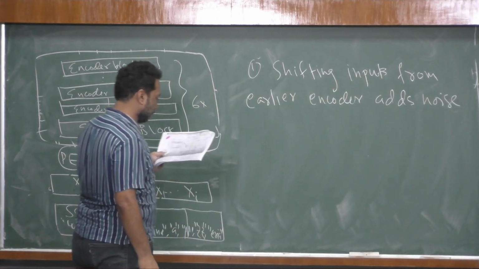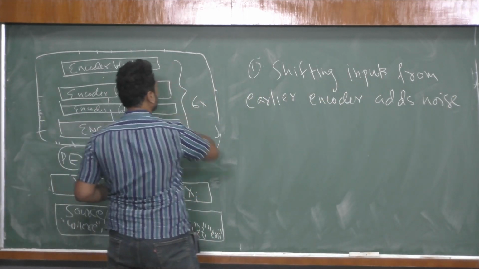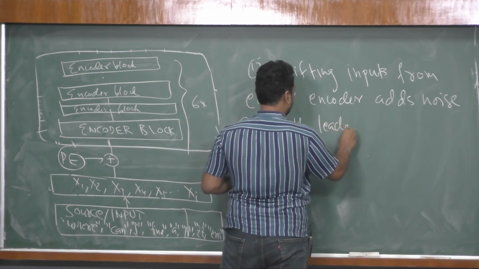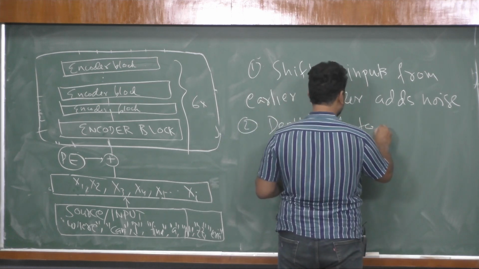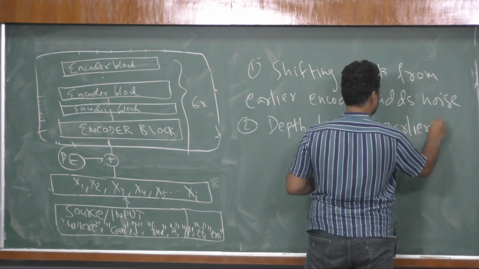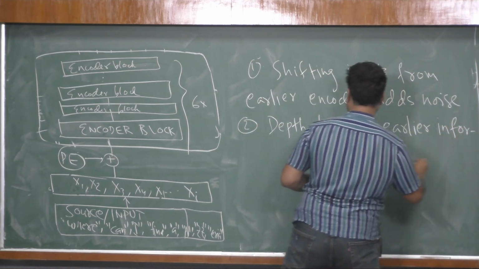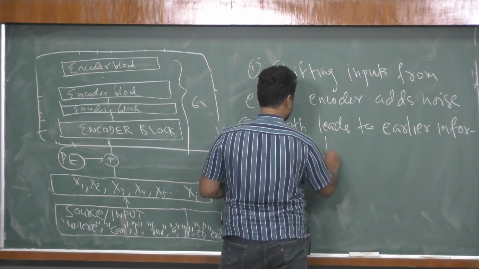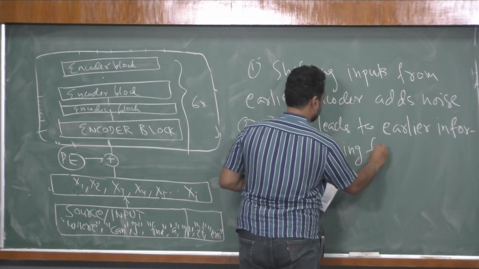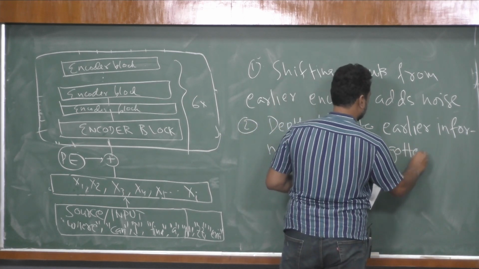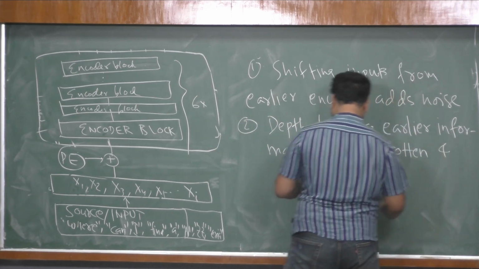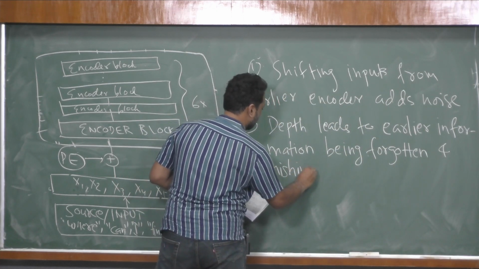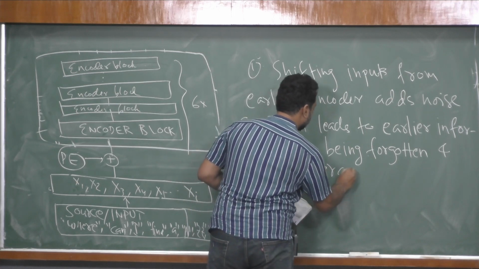And depth leads to earlier information being forgotten if we have multiple of these. And also issues of vanishing or even exploding gradients.